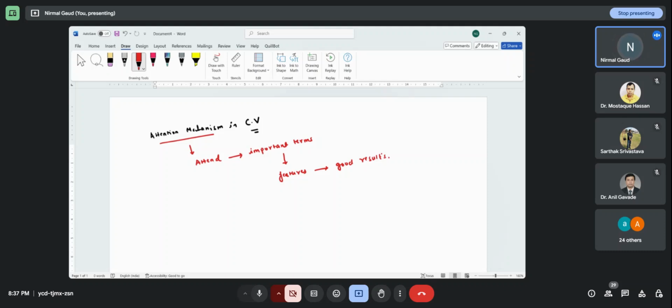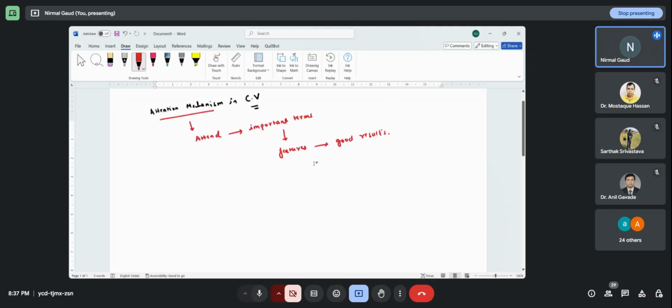So, in the attention mechanism, I told you yesterday, we have three components. These components are Q, K, and V. I also gave you an example of how these components work.